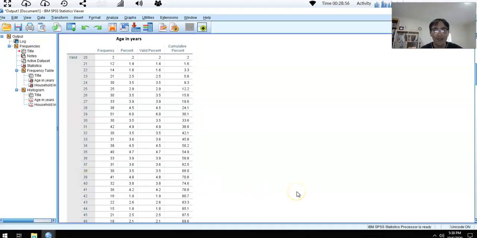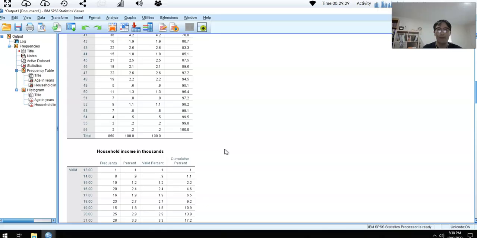You have to answer with the value, the score itself, 38. Not looking at the frequency. This 30 is the frequency of that value of 38. It's not that value itself. 30 people have the age of 38. So you have to answer with the score 38. So now the 66th percentile is 38. You have to answer like this, okay?